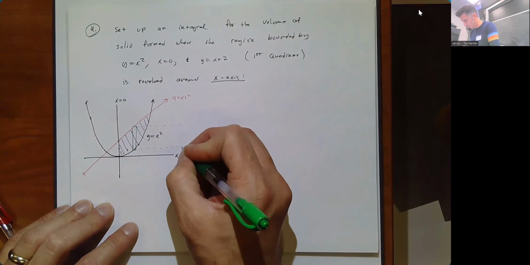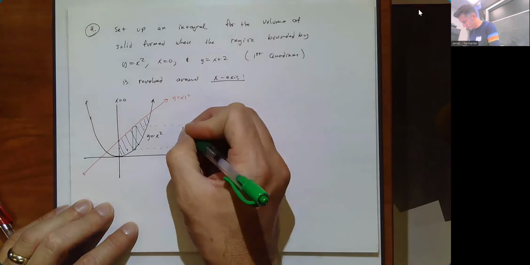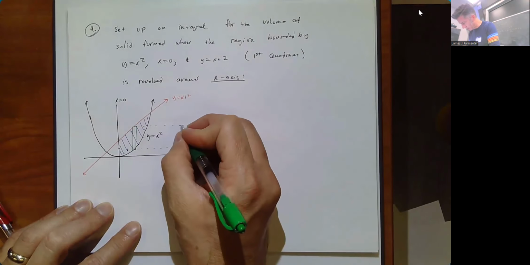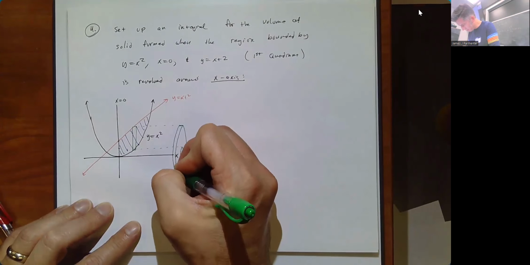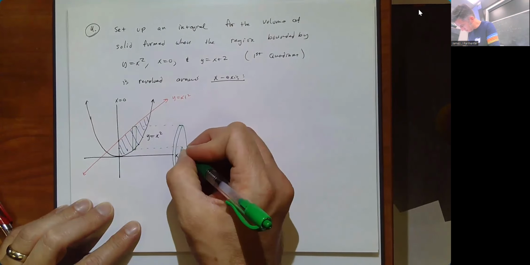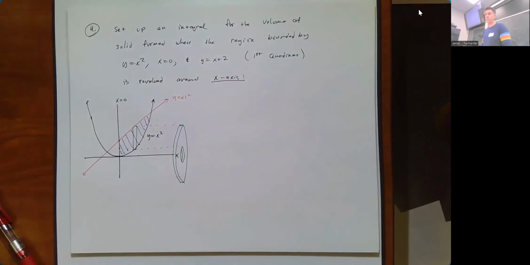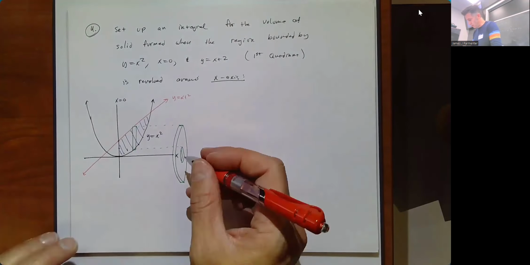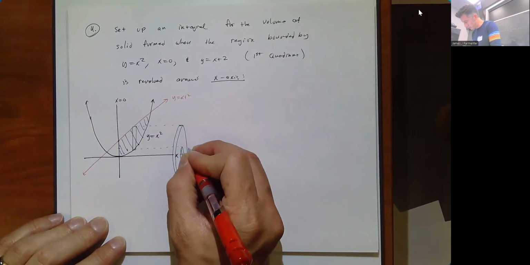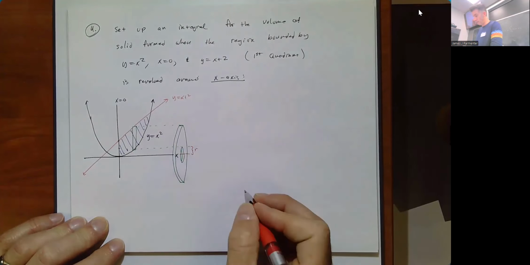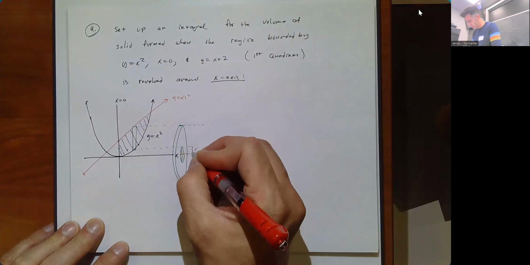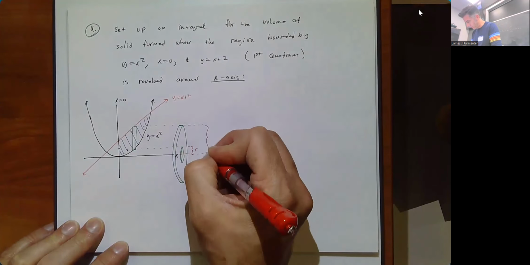So here's what my shape's going to look like. Or I should say my disk. There's my disk with an inner radius of the closer function to the axis and an outer radius of the further away function.